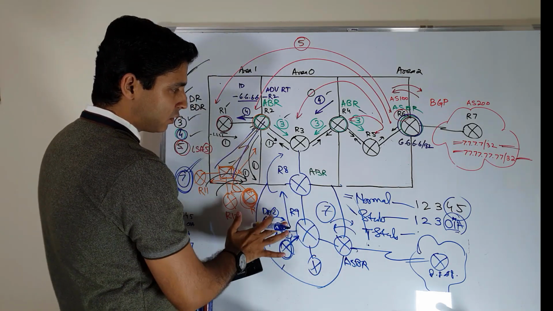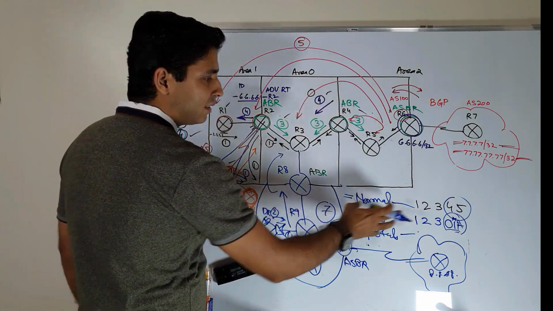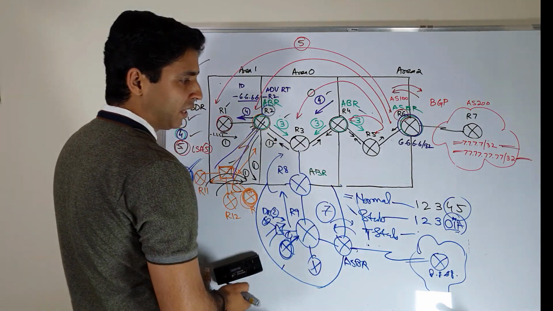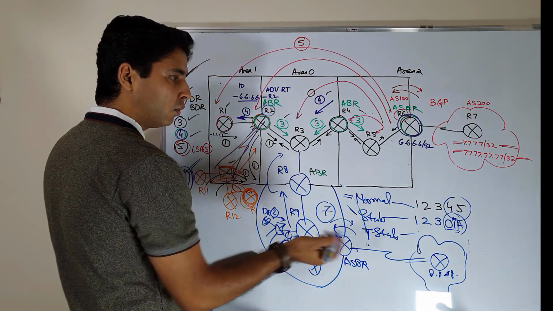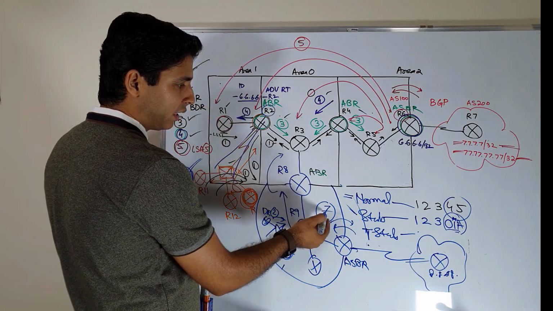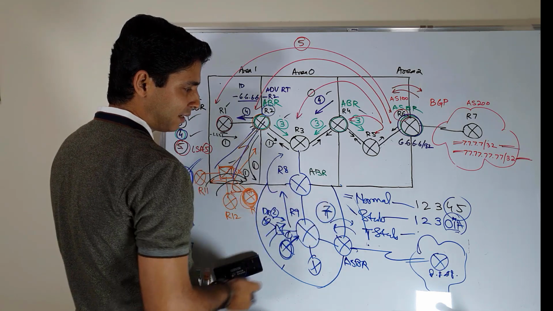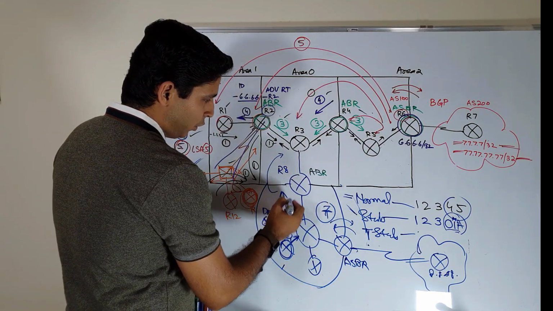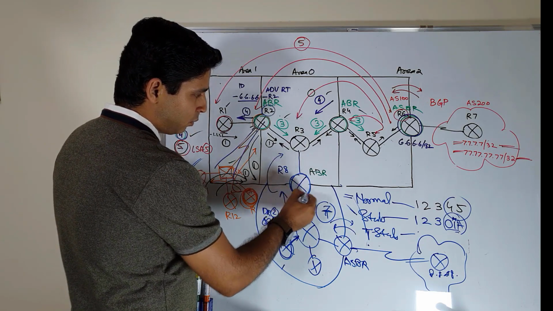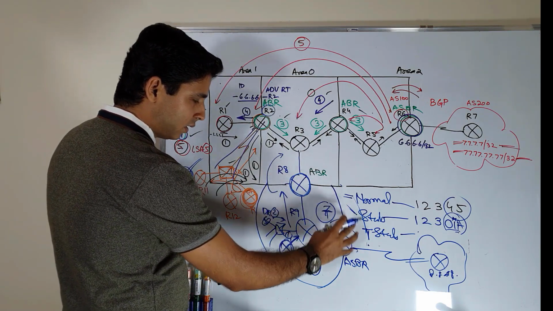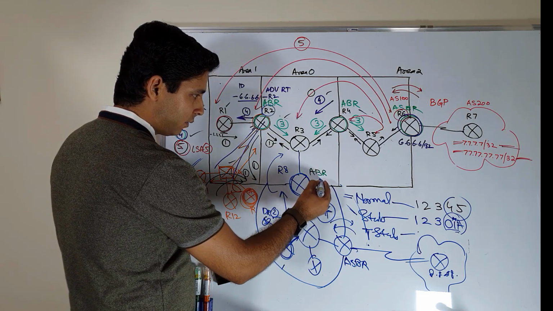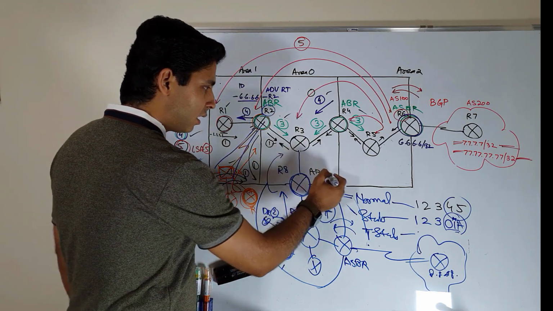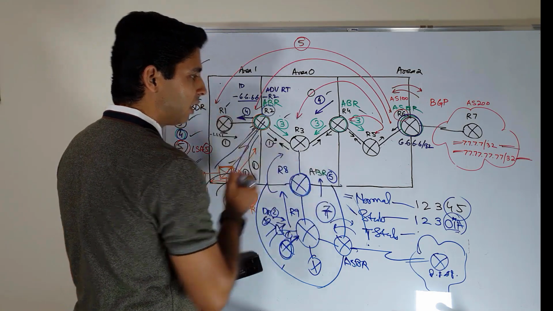So for this area it's good. But what about these other areas? How will router 2 reach this router 18 somewhere through BGP? Because they don't recognize type 7 LSA. So for them to understand, this ABR has a special responsibility: when these type 7 LSAs cross this ABR and go into the normal or backbone area, they are converted into type 5 LSA.